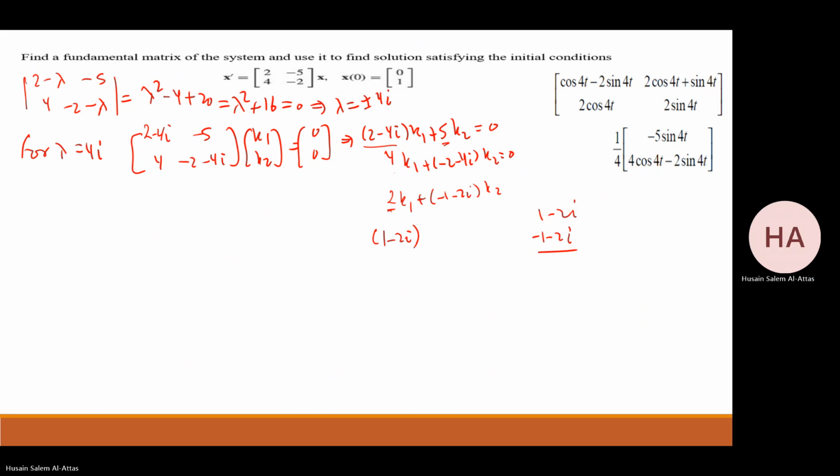Divide by 2. I get 2 minus 1 minus 2i. No, sorry, you multiply it by 1 minus 2i times this, minus 2 plus 2i. This will be 2 minus 4i.